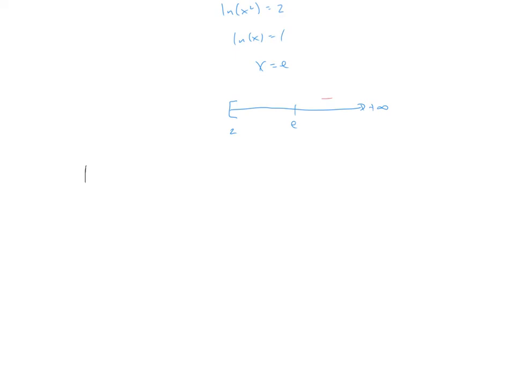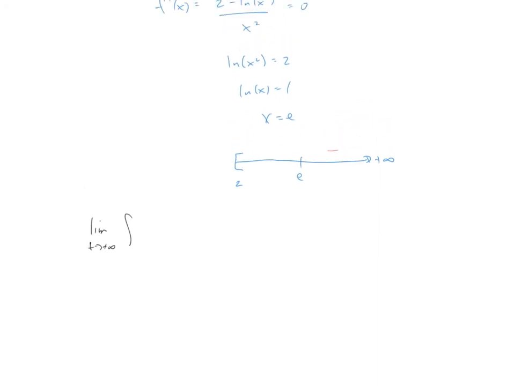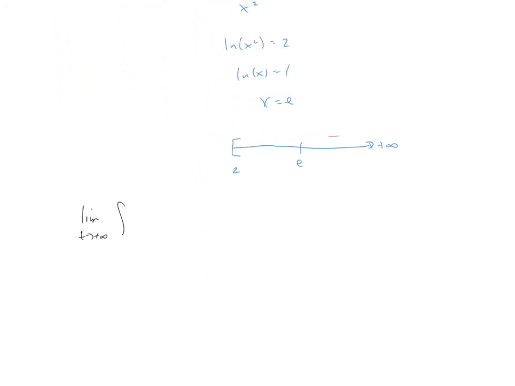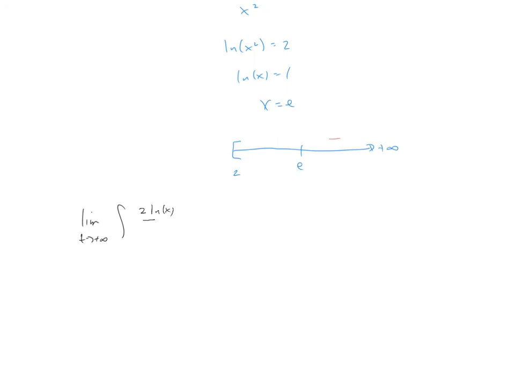We're going to have the limit as t goes to positive infinity, then the integral. I'll get to the bounds in a second. As I plug this in, this 2 that you see right here, I'm going to bring down, which makes things a little easier to integrate. So that's going to be 2 natural log x over x dx.